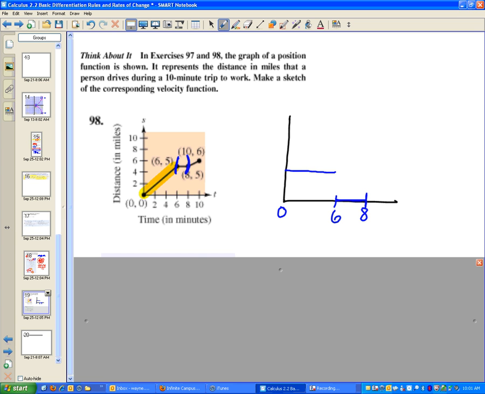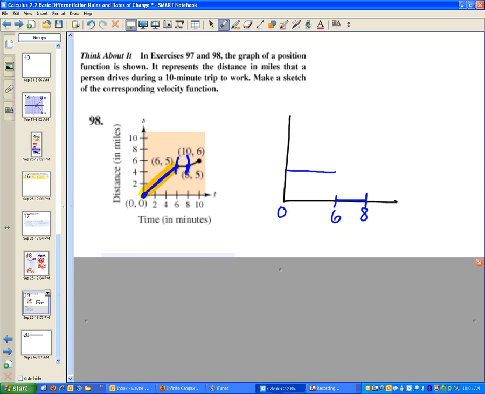We're graphing the velocity, because the graph they give us is position. They start at 0, 0, they end at 6, 5, and they had a constant motion there, no curve in. So that means the derivative, like if that was y equals 1x, well then the derivative would be 1. So that's how we got that horizontal line there.